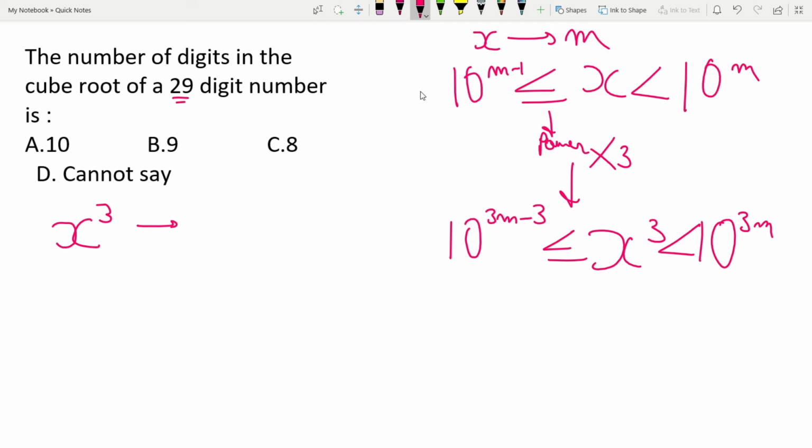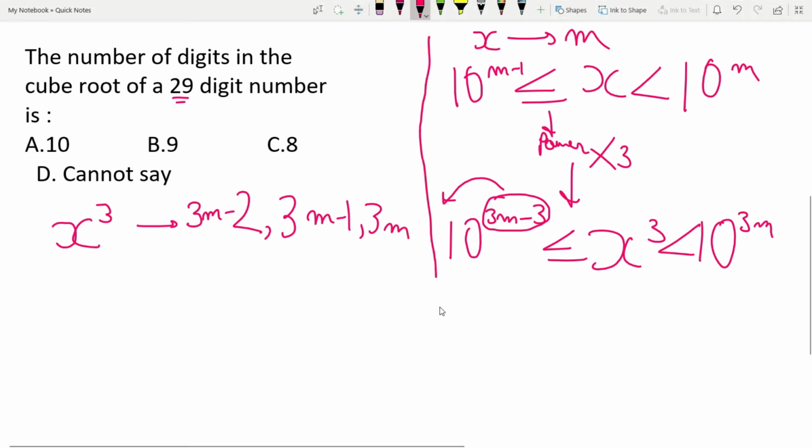And then it has a number of digits. As we have seen for the square root, the number of digits were 2m minus 1 and 2m, while in this case we will get the digits from here. So based on that, what are the possible numbers of digits here? These are 3m minus 2, 3m minus 1 or 3m.